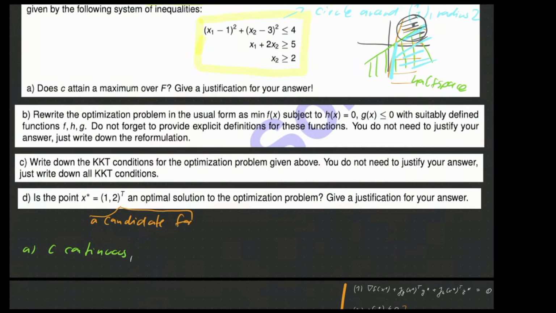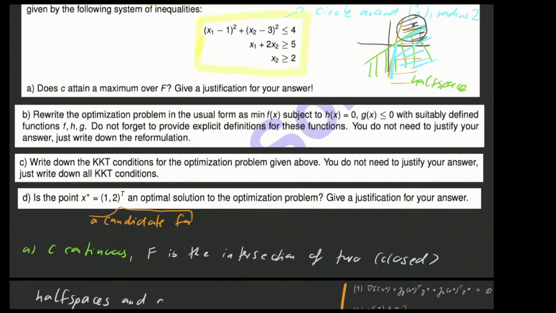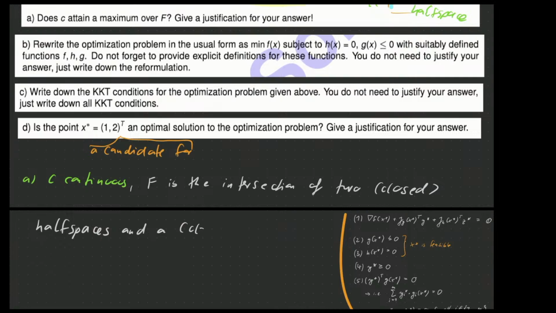So C is continuous. F is the intersection of two closed half spaces and again a closed and bounded disk.